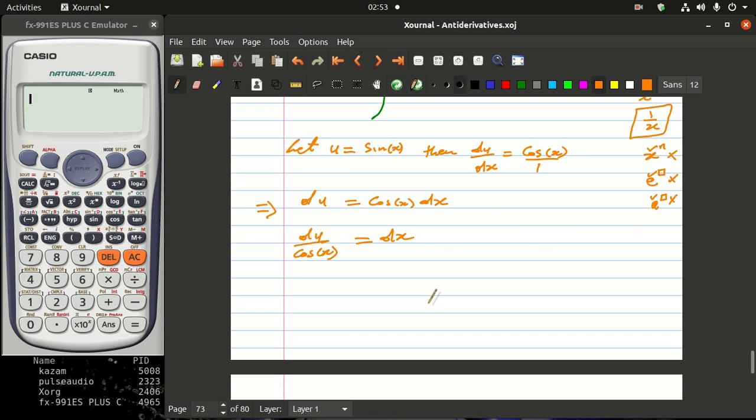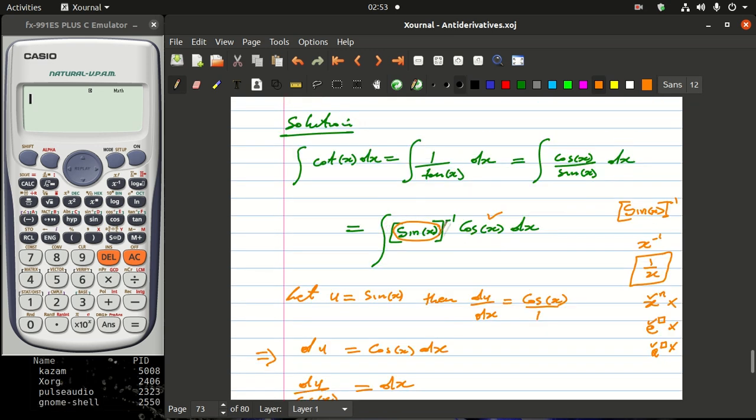And then once I have that, I go back to this thing that I have here or there. It doesn't matter, because this thing and that thing, they actually mean one and the same thing. So the first thing that I'm going to do, I'm going to replace sine by u.